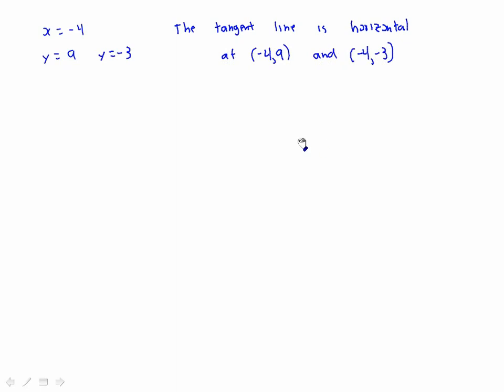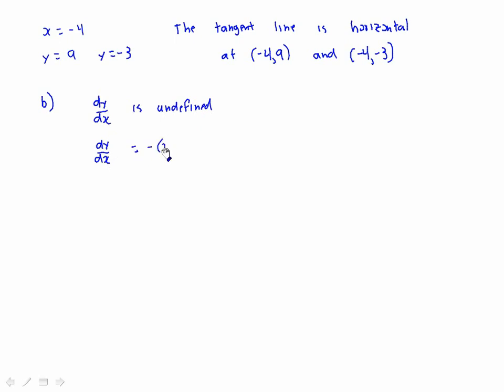And then for the vertical one, we can handle this too. The thing of it is, dy/dx is undefined. And in here, you need to be thinking, okay, where would this expression be undefined?